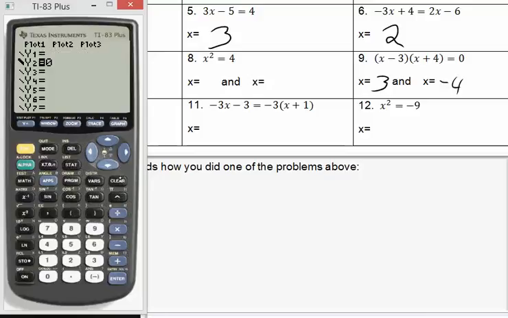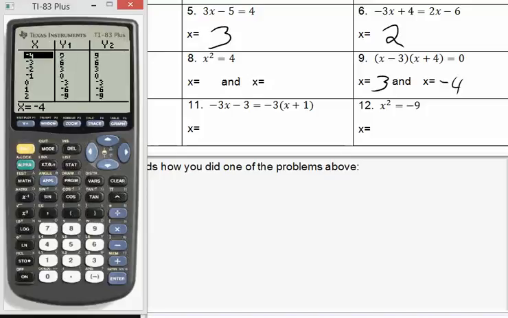So on 11, look what happens. You have negative 3x minus 3. Be careful to get all those signs right. On the other side, we have negative 3x plus 1. Now look what happens on this one. Looks like we only have one thing, right? It's because, if you look here, they're always the same.